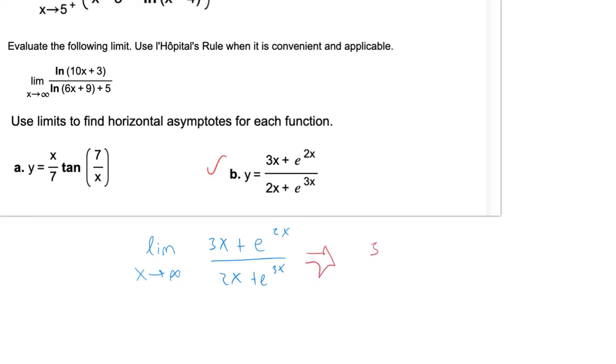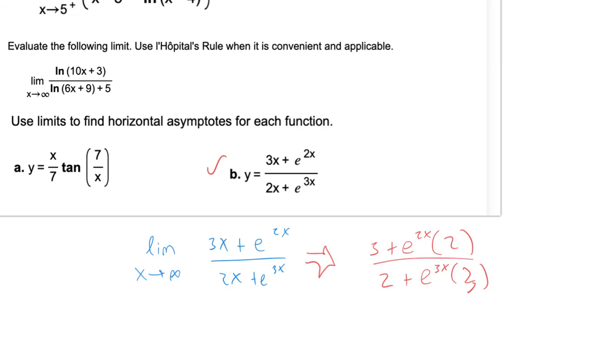This would become 3 plus e to the 2x times 2, right? So that's a problem, because if you think about it, this would be 3, actually. There's my correction. So basically, this would become infinity here. So it would once again become infinity over another infinity.